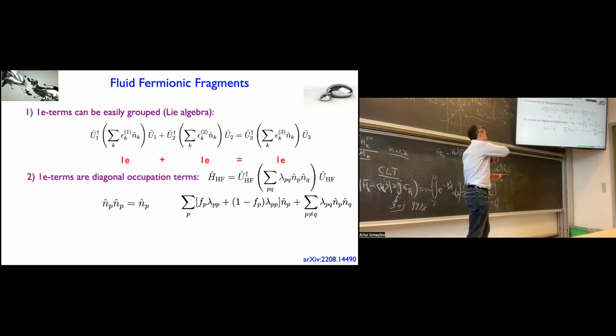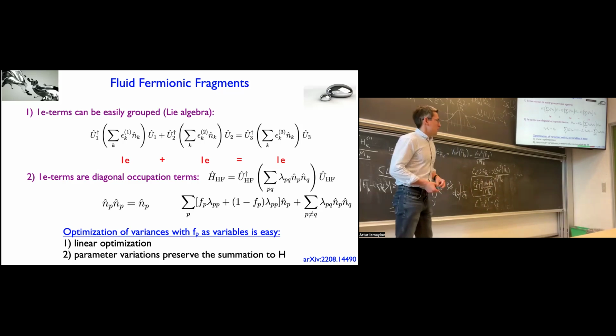So it's not like we can freely move things between the fragments. Instead, from each fragment, we can take the 1 electron part and collect it into a one electron fragment that we can measure at the same time. Yeah, essentially. And that's the optimization.